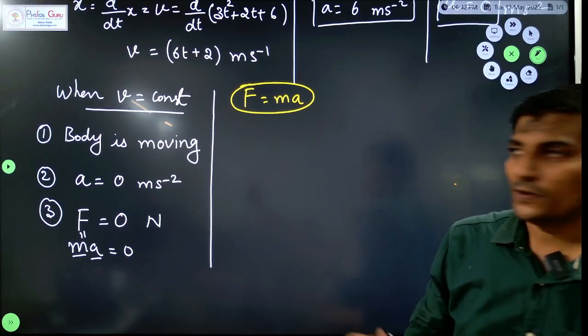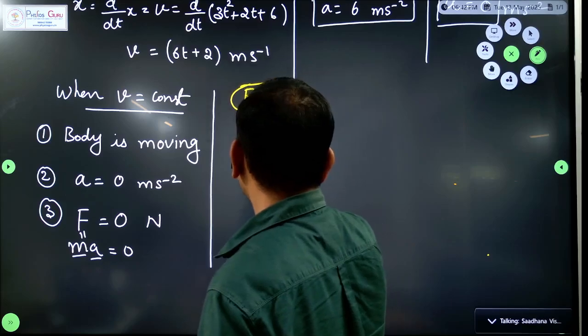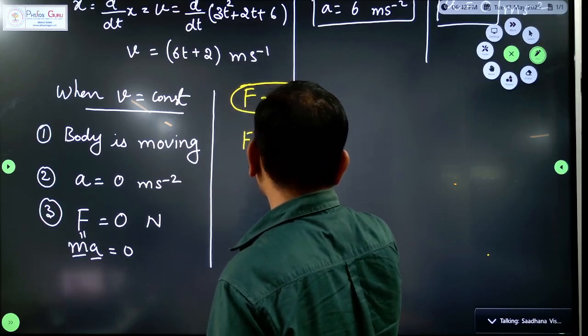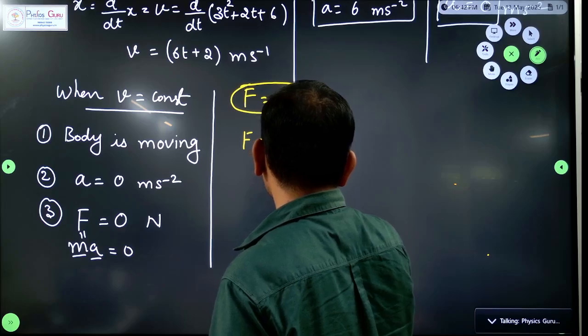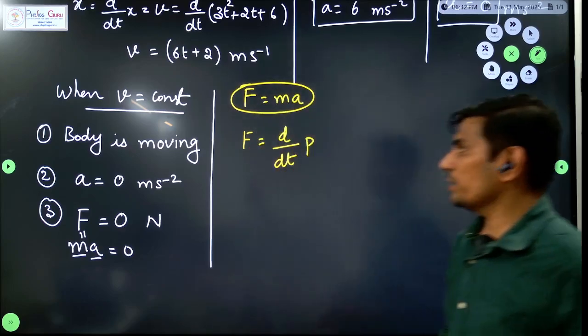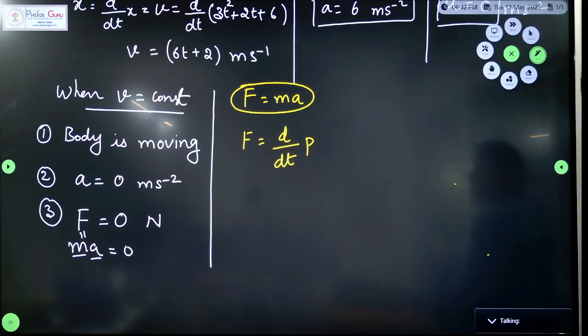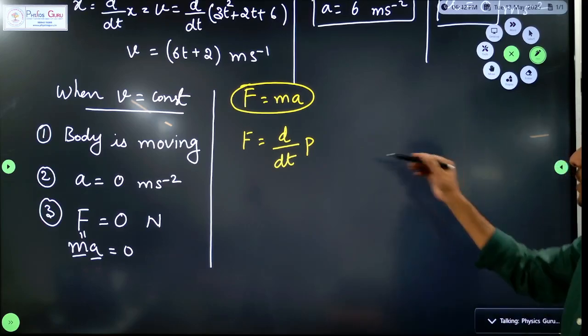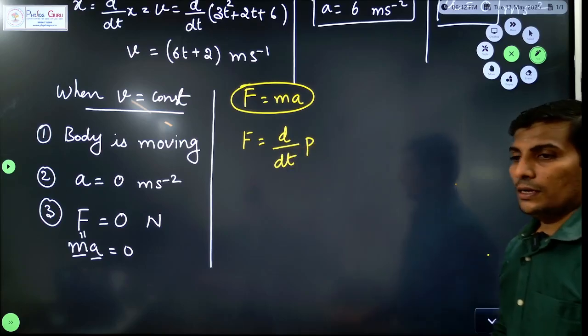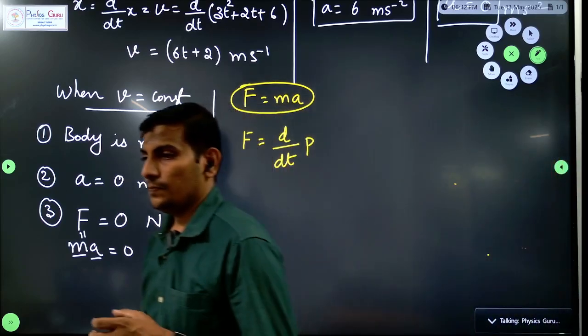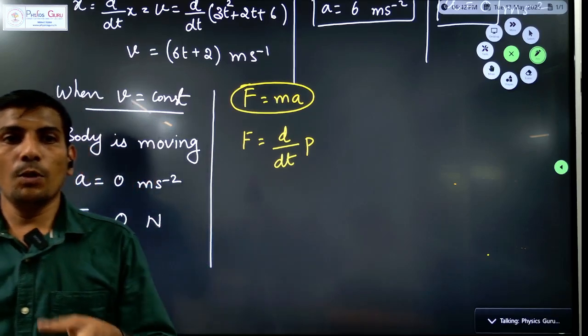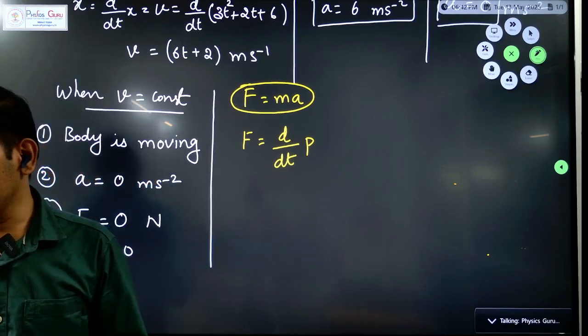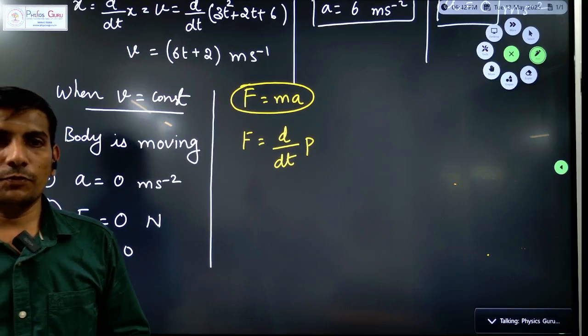What is F equal to? Exactly. Change in momentum with respect to change in time. You might have learned that because the second law of Newton told us variation in momentum with respect to time is called force.